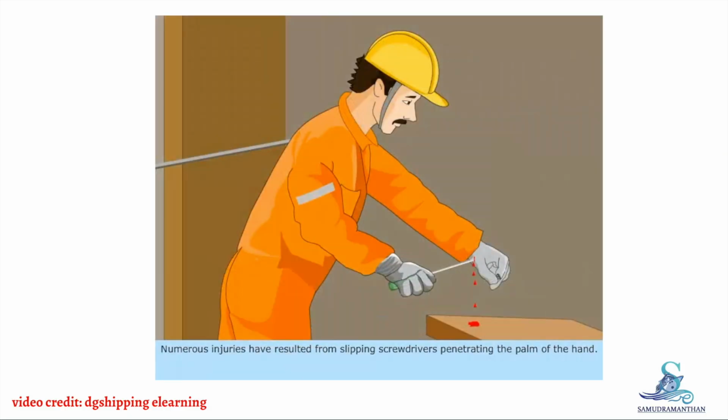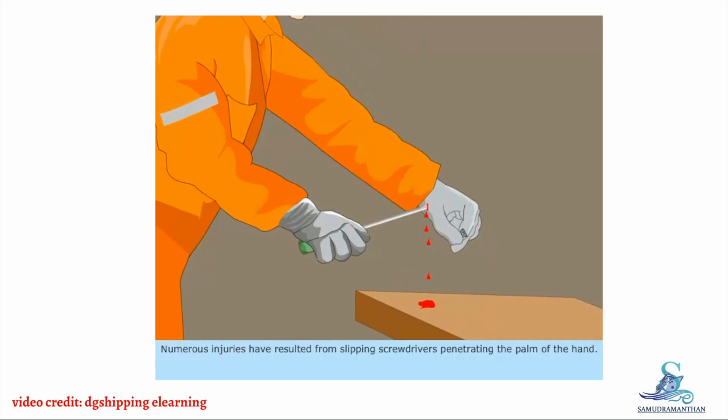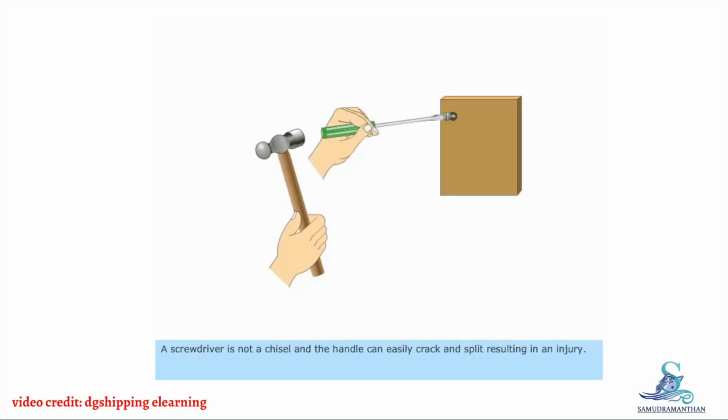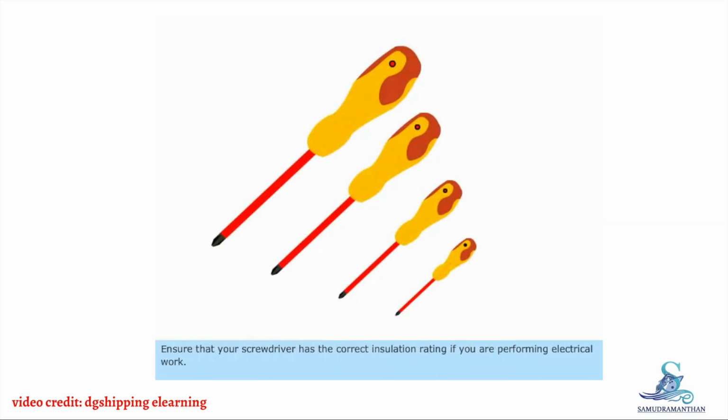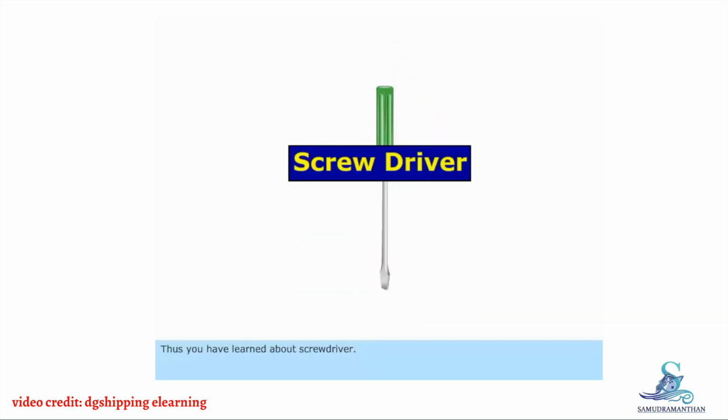Numerous injuries have resulted from slipping screwdrivers penetrating the palm of the hand. A screwdriver is not a chisel, and the handle can easily crack and split, resulting in an injury. Ensure that your screwdriver has the correct insulation rating if you are performing electrical work. Thus, you have learned about screwdriver.